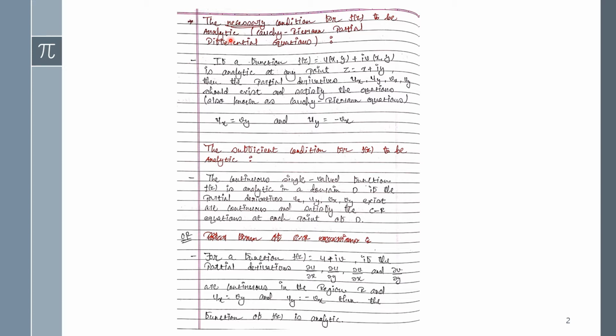So we are going to start with all these topics. And see, the highlight is given: the necessary condition for f of z to be analytic, that is, it is actually known as the Cauchy-Riemann partial differential equations. So here I have written its definition.